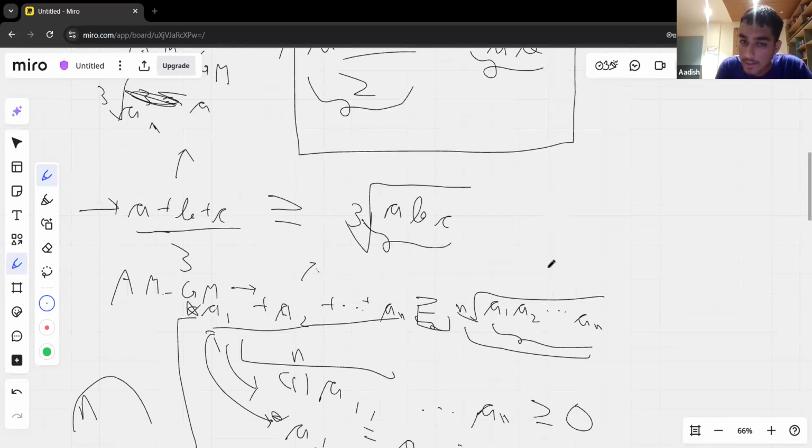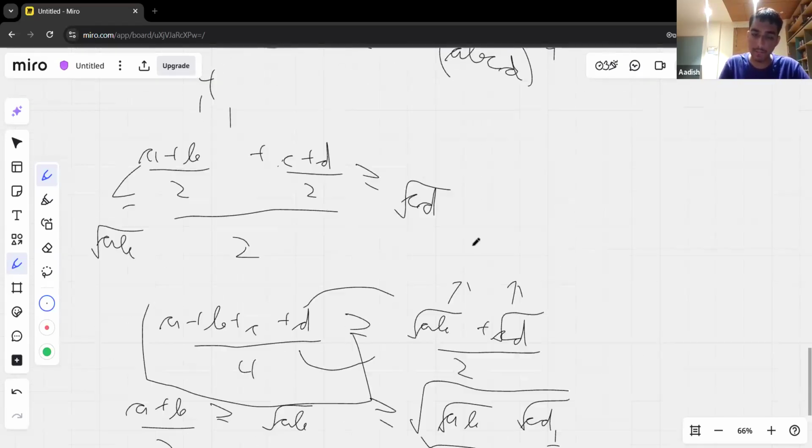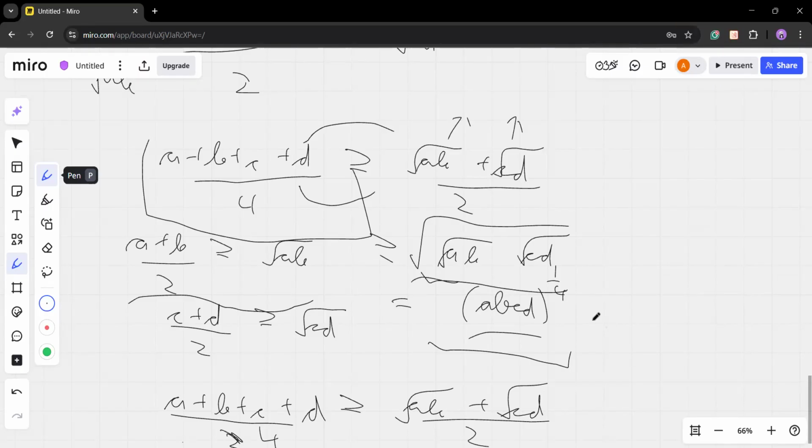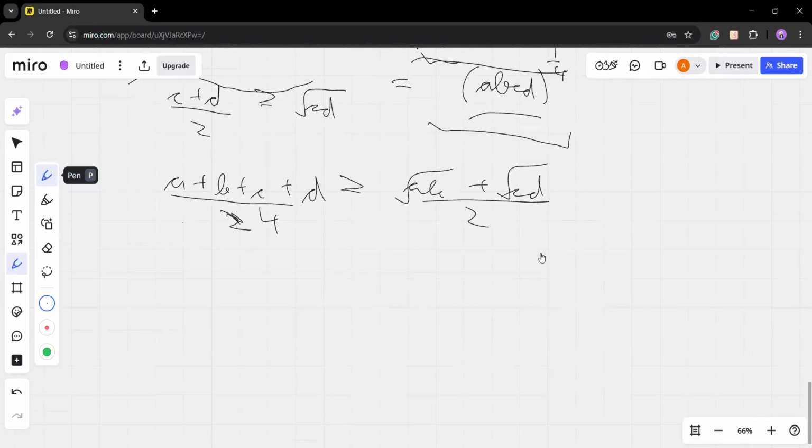Okay, and Nikhil, do you get this step? Root ab plus root cd by 2 is greater than or equal to the root of root ab times root cd. I don't get it from root ab plus root cd to the whole root.